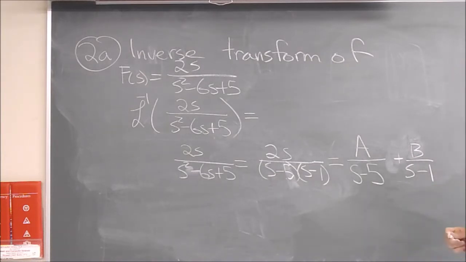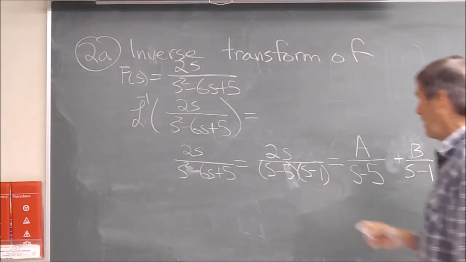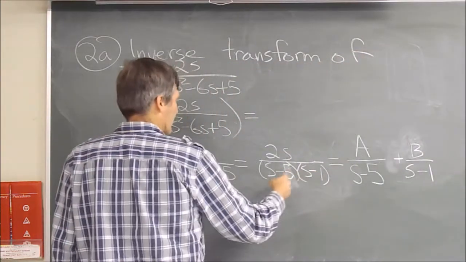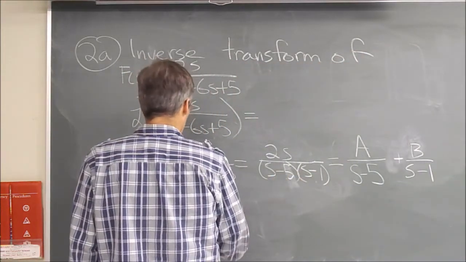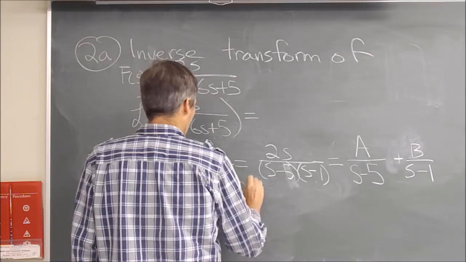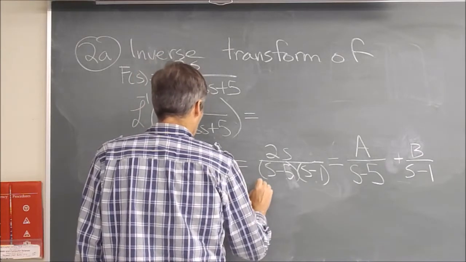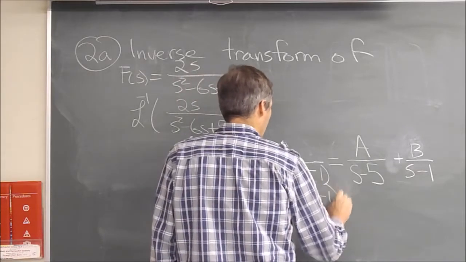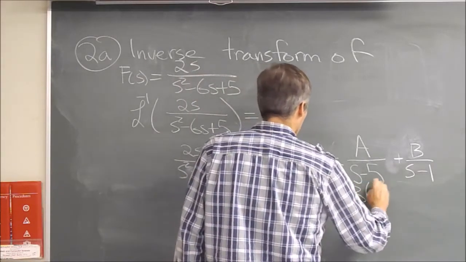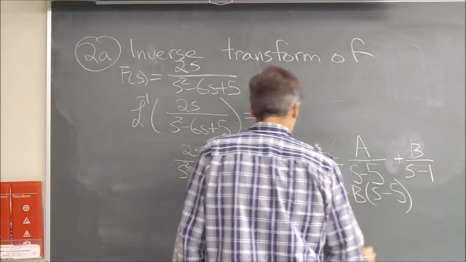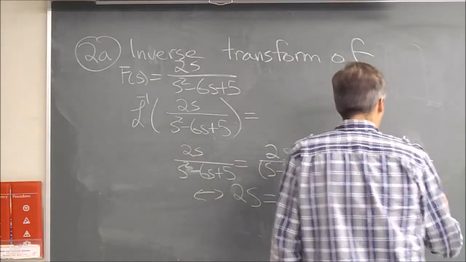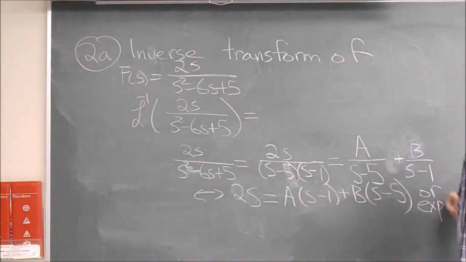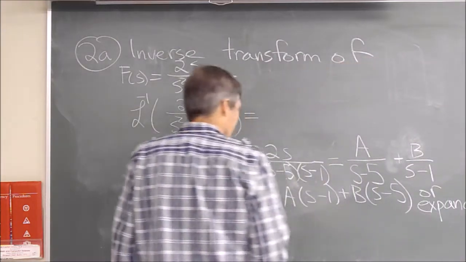What can those be? You multiply through by the least common denominator, s minus 5 times s minus 1, and you wind up with 2s equals A times s minus 1 plus B times s minus 5. Your calculator, using the expand function on the TI calculators, can also do these partial fractions for you quite easily.